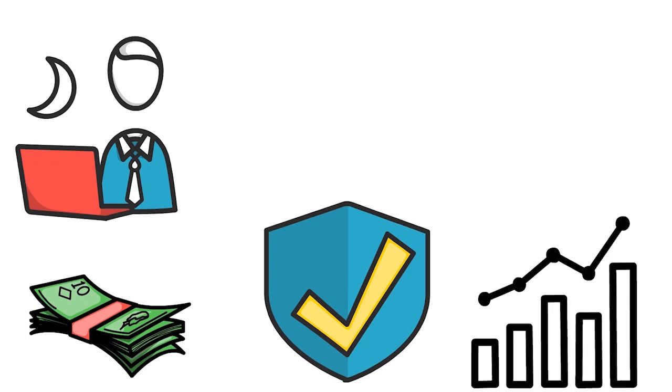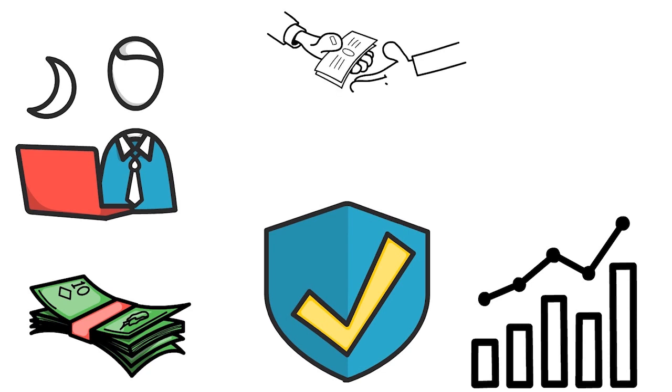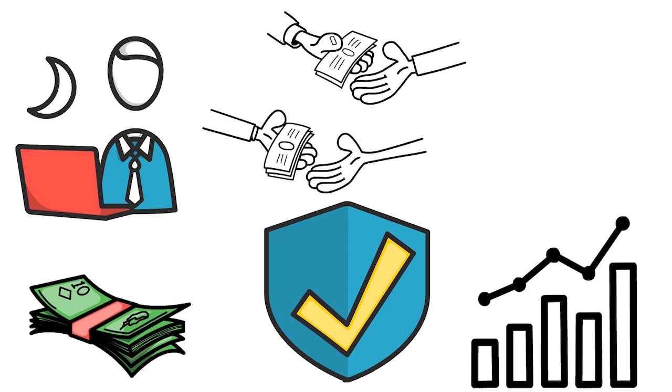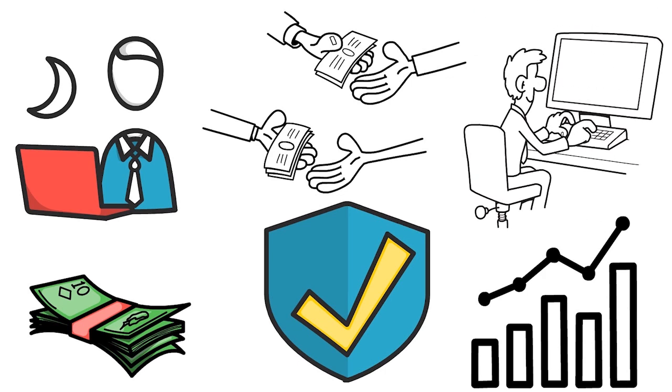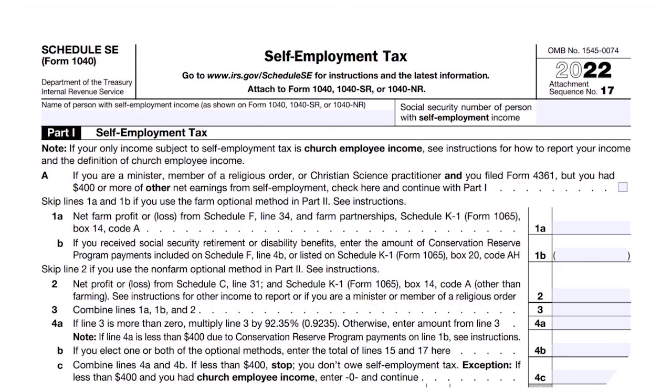So typically, 92.35% of your net earnings from self-employment is subject to self-employment tax. Okay, and to make sure you are on the right track, you may want to check out the IRS website and look for Schedule SE. Now, having said that, we have actually committed an entire show or 2 shows to Schedule SE.